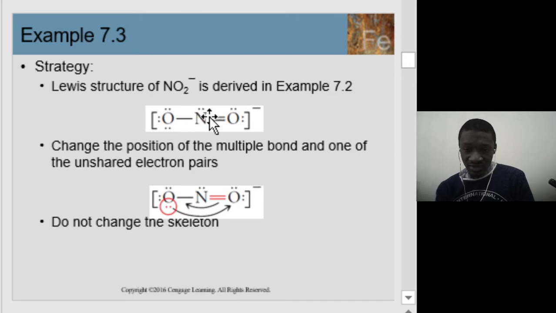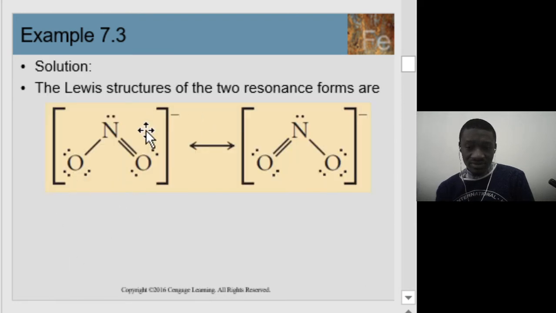So at the end of the day, you have 1, 2, 3, 4, 5, 6, 7, 8 on nitrogen, 6 on oxygen, and 6 on the other oxygen. So the change in position of the electron pairs will just be this way and this way for you to have the other resonance structure. So it just doesn't change the skeleton.